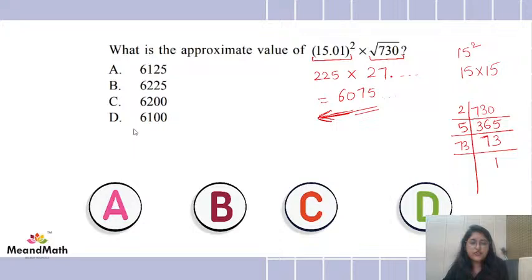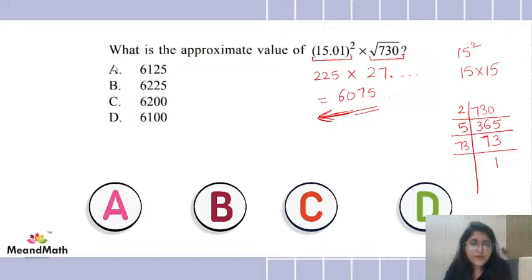Any number out of these options which is nearest to 6075? Very good, Dhanushika. Can you tell me which option is the nearest to 6075? 27. Yeah, 27, you got it correct.